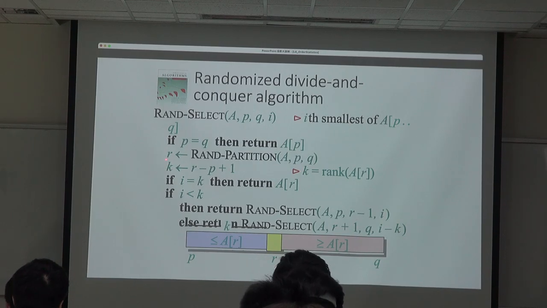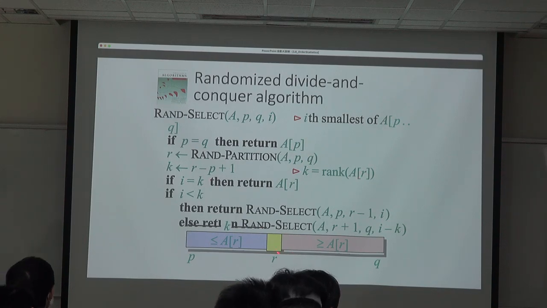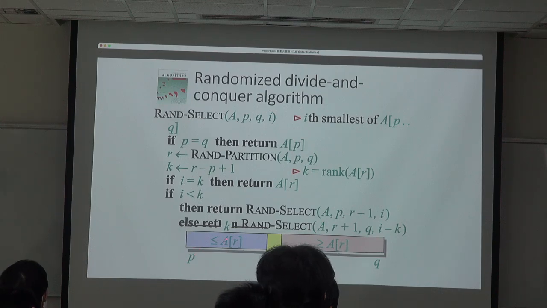Then you compute R minus P plus 1. That will be the rank of A[R], because this is the index, but P is not starting from 1. Say P starts from 5, and this is index 10.